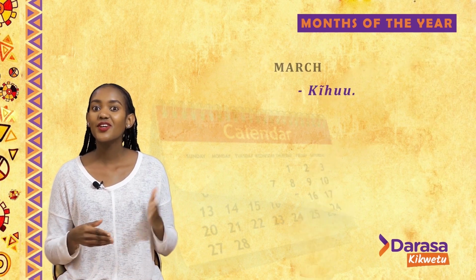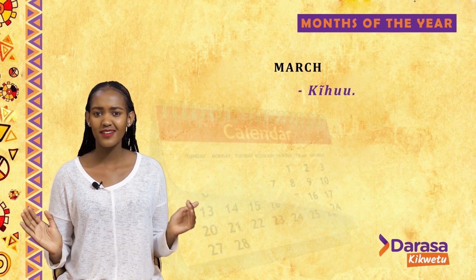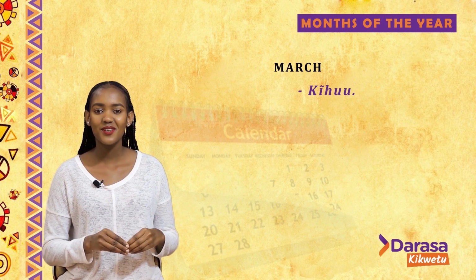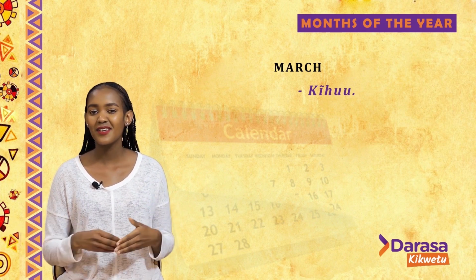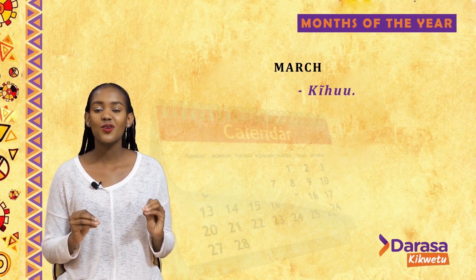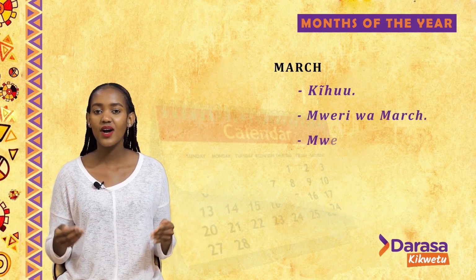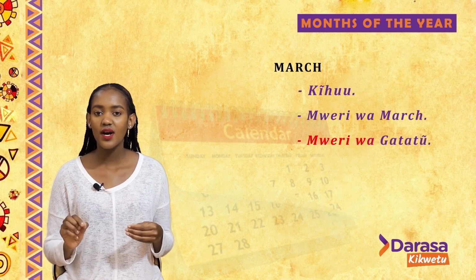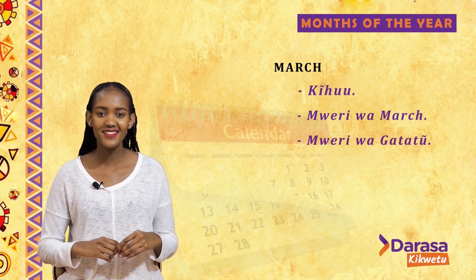Okay, so Kehu would mean that, you know, March was pregnant, maybe with good things, or maybe seasons, because it was the beginning of Jahe season. Alright, so you can always say March, Mweri wa March, or Mweri wa Gatatu. Alright?